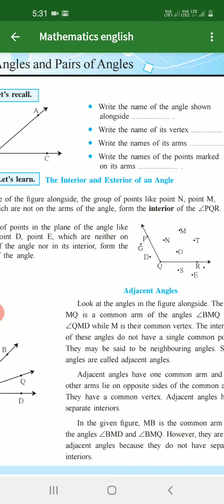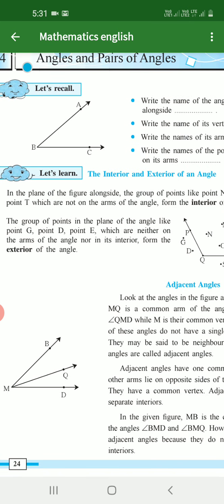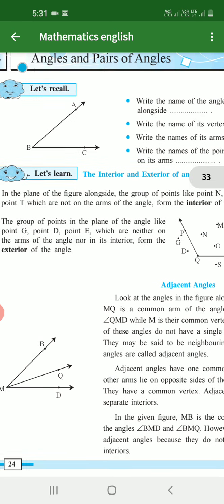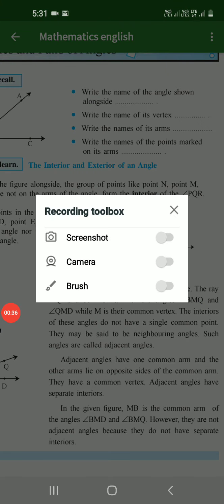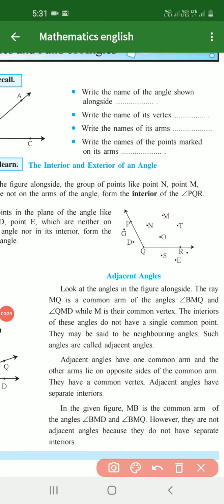See this given figure. The part which is inside the two rays, inside the angle, means these N, M, T, O, these all are inside, in the interior part.